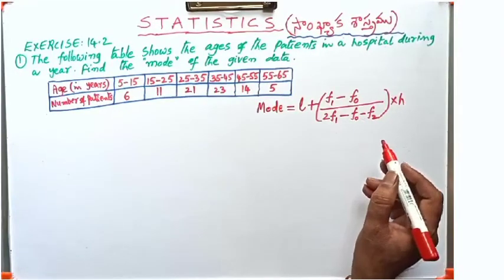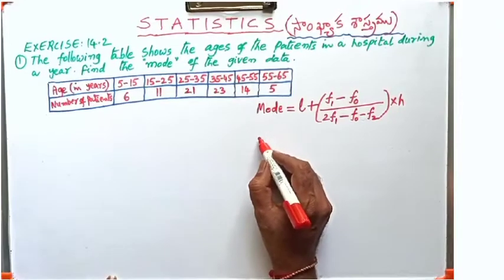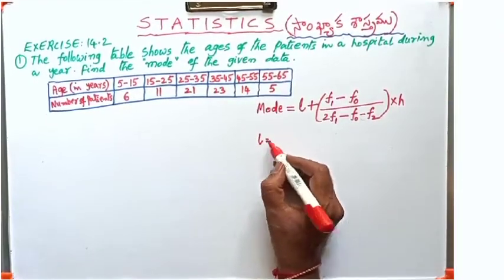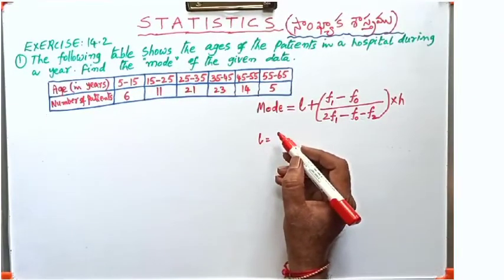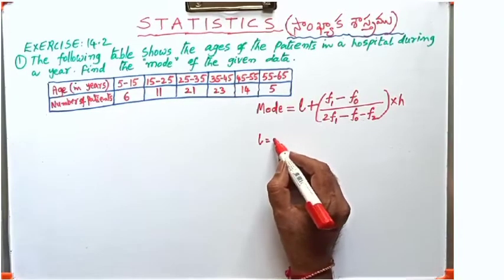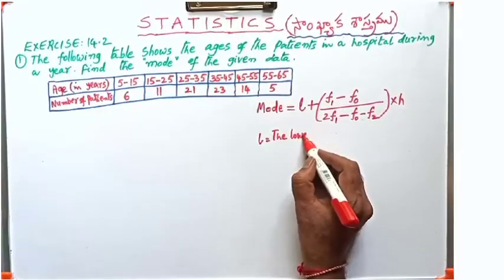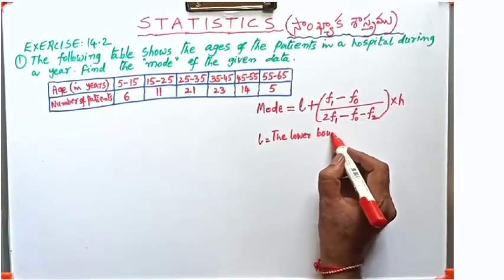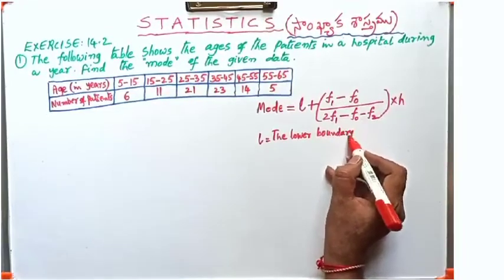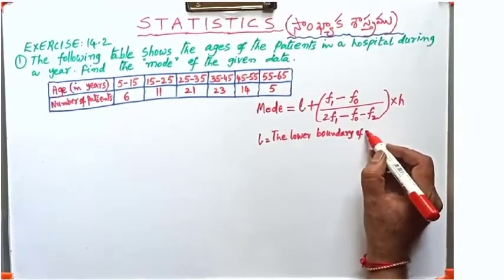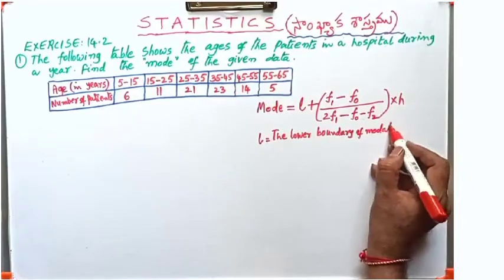First you have to know what L is. L is equal to the lower boundary of the modal class.